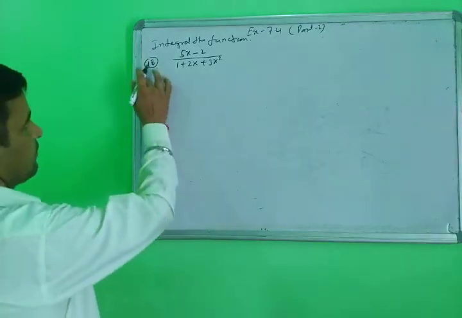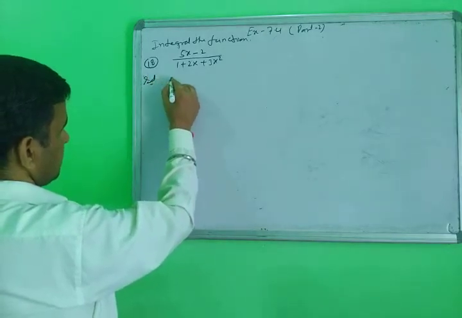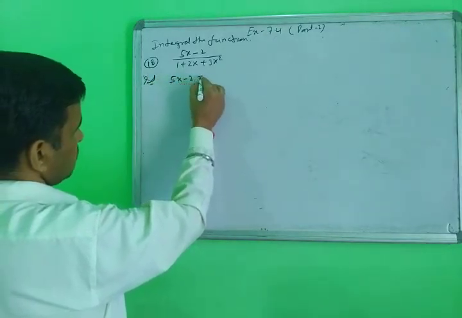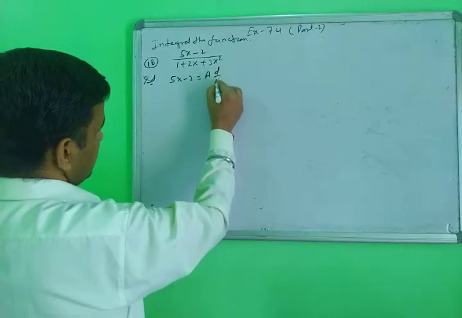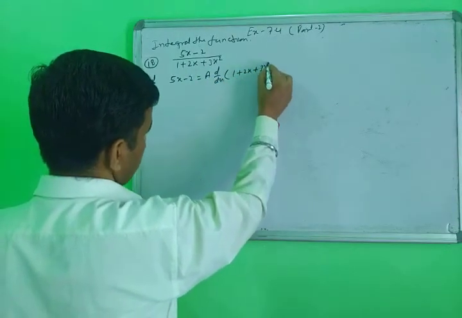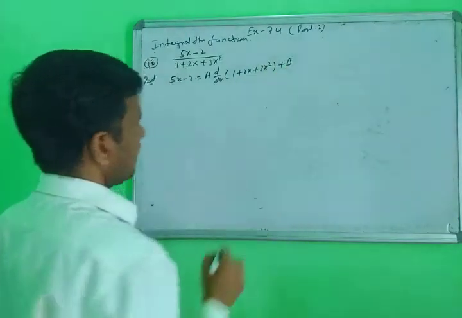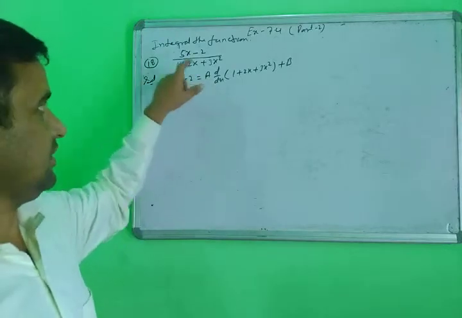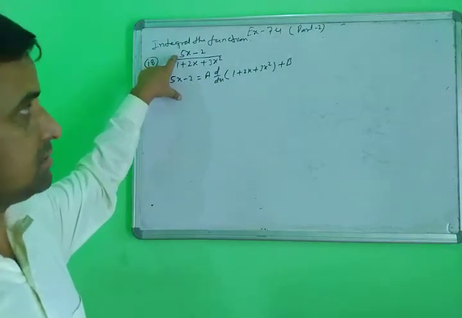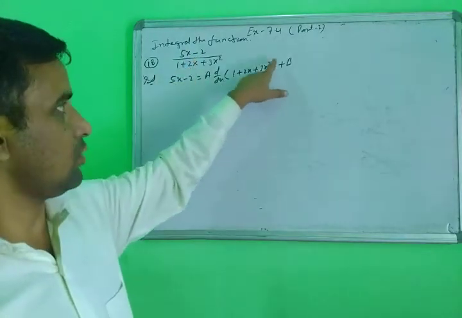Now, solution here. 5x minus 2 equals a times d over dx of 1 plus 2x plus 3x square, plus b. This is a special type of function property, property number 8. What values of a and b? You solve it this way.